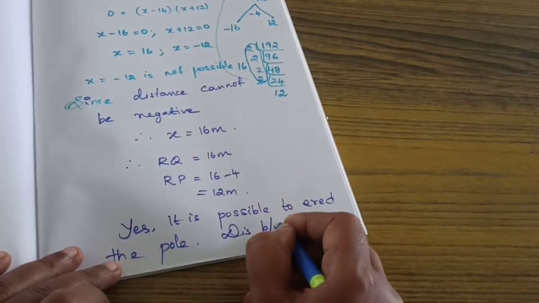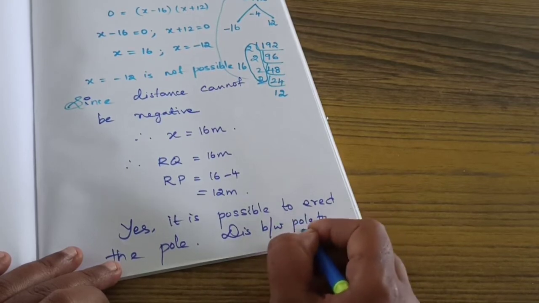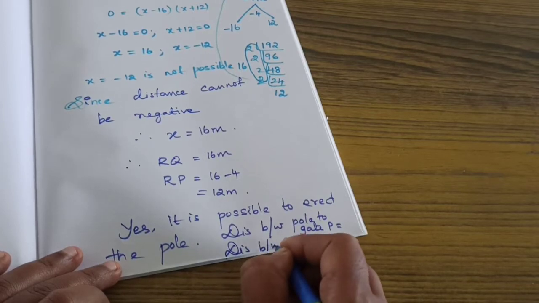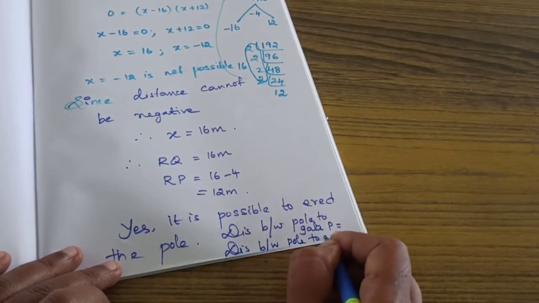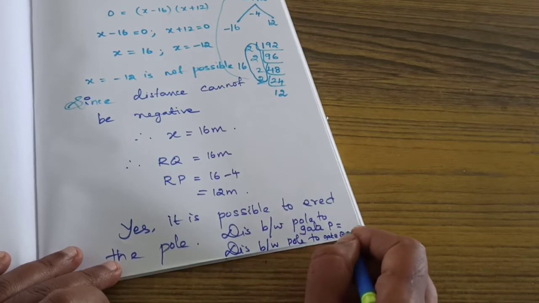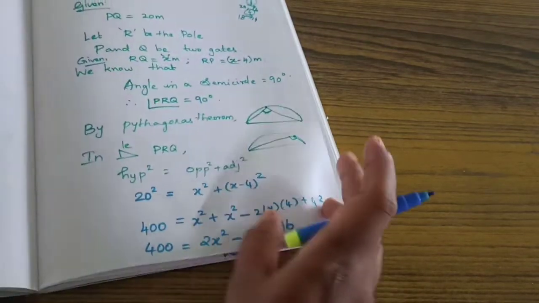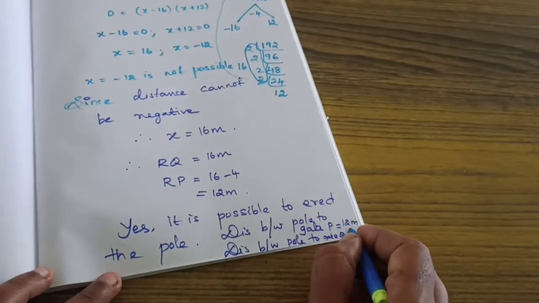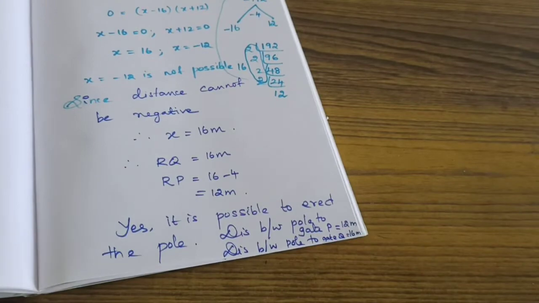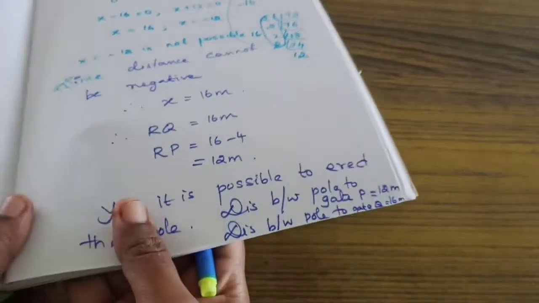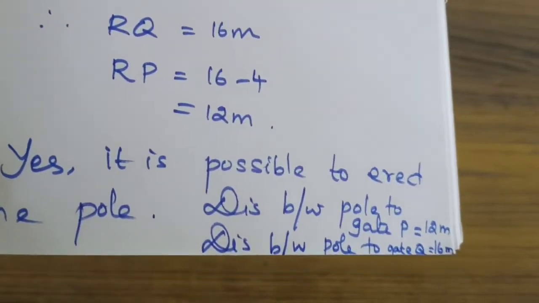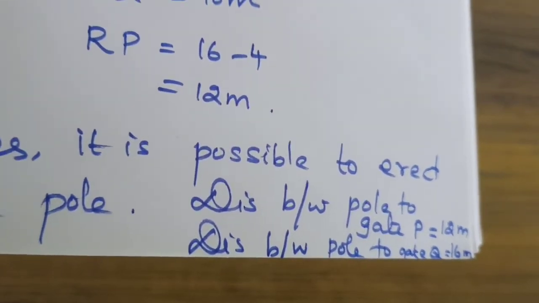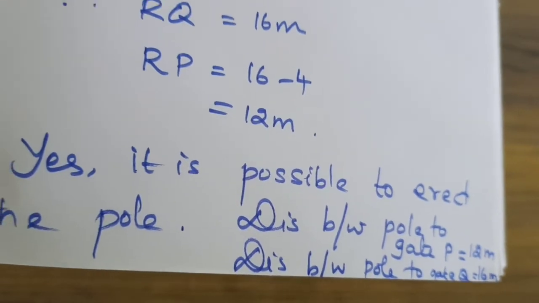Distance between the pole and gate P is 12 meters, and distance between the pole and gate Q is 16 meters. So 12 and 16 is the final answer. It is possible to erect the pole.